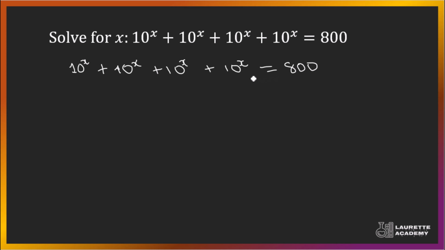Now, when you have something like this, it is the same as adding variables. So we have 10 to the power x 4 times here. So this will be the same like 4 times 10 to the power x is equal to 800.